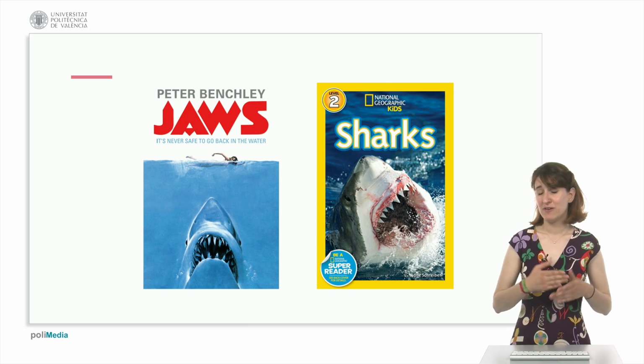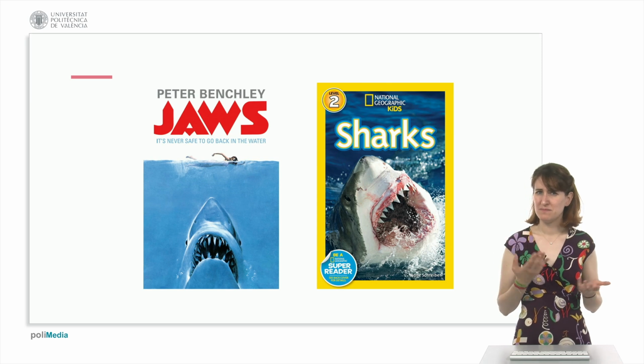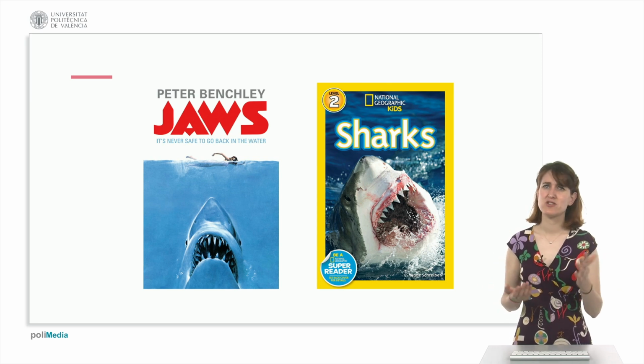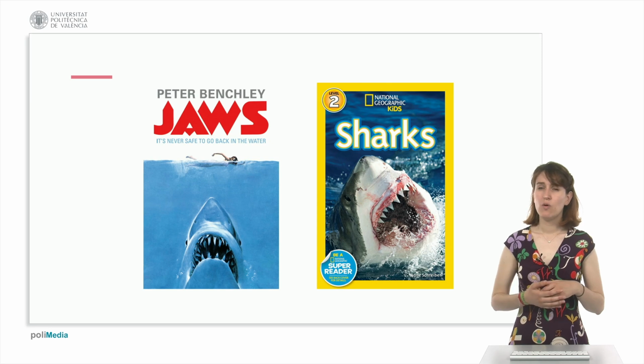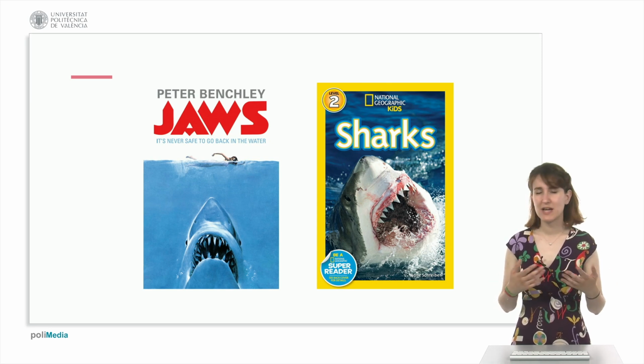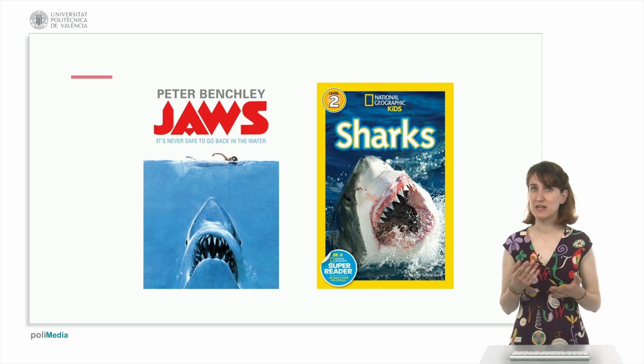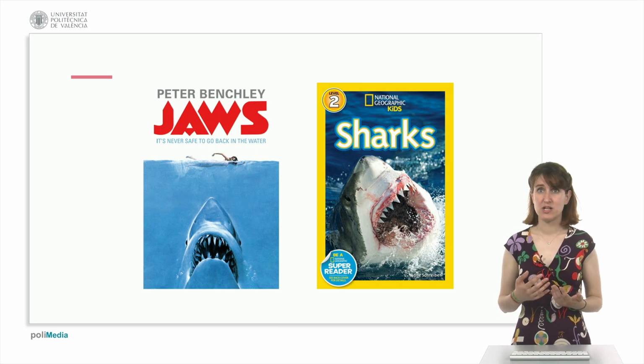Now, we also know information about sharks from magazines like National Geographic, shown in the next image, or even from documentaries, from textbooks, from encyclopedias, from internet. That's where we get all the knowledge from sharks.